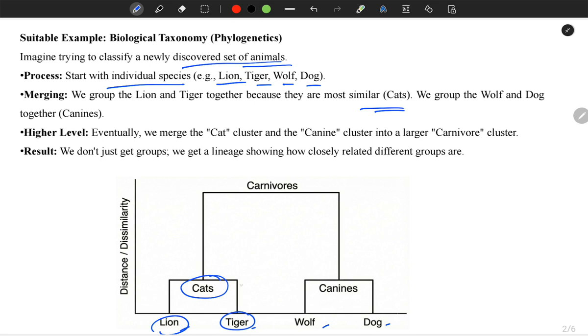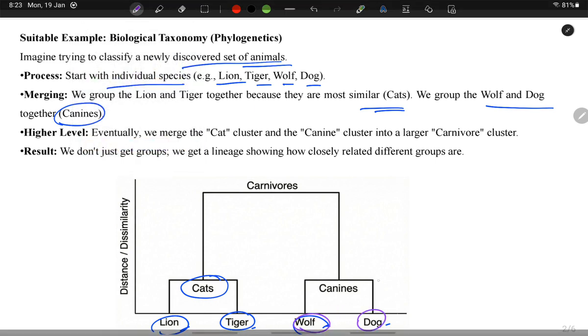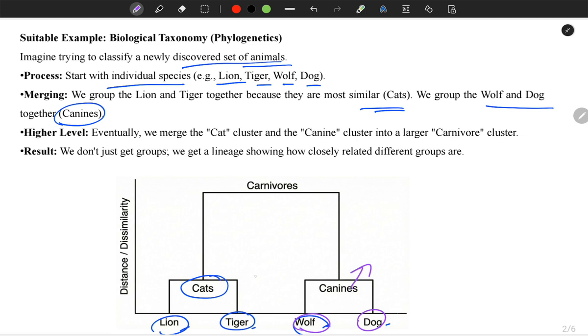So we merge the lion and tiger, and they belong to the cat family. Similarly, we group the wolf and the dog together because they belong to the canine family.